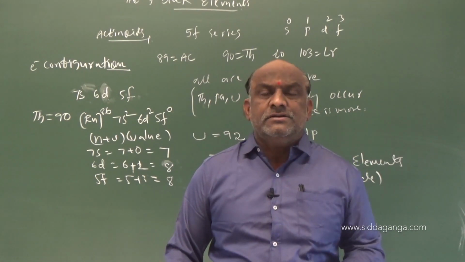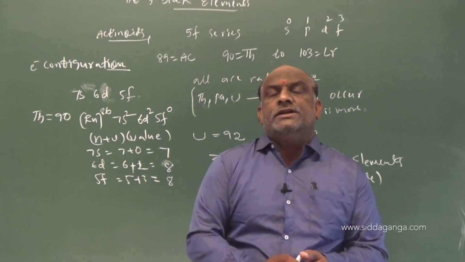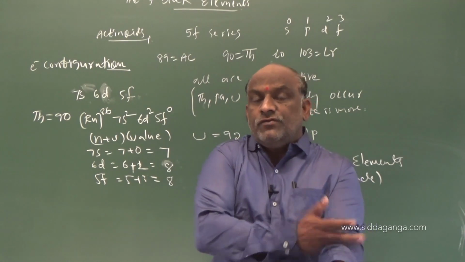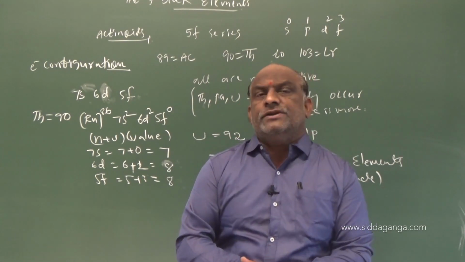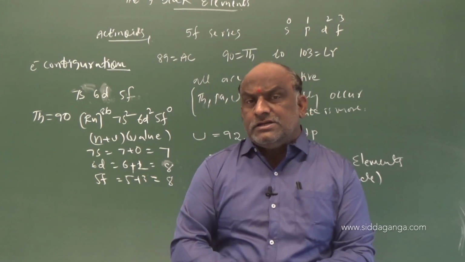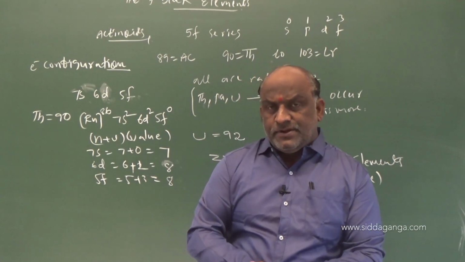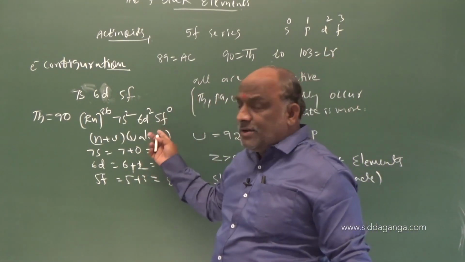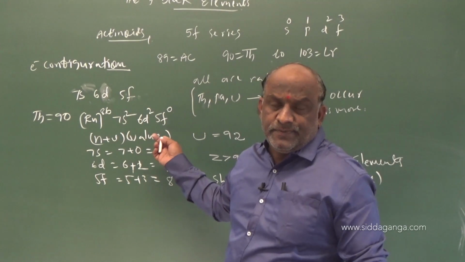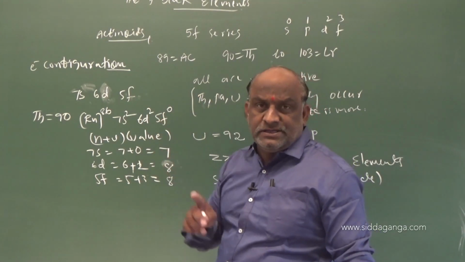What is the reason? Stable electronic configurations, that is half-filled or fully filled electronic configurations, are more stable than partially filled ones. So the common and stable oxidation state in lanthanides is +3. Same in actinides also, the stable oxidation state is +3.